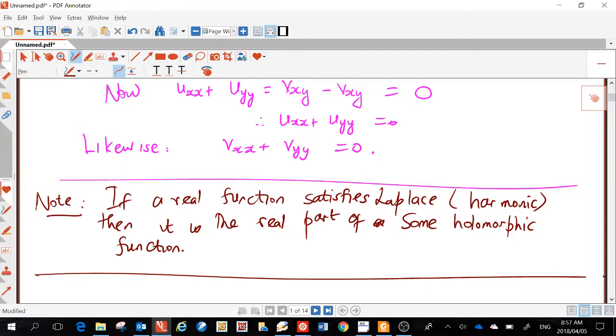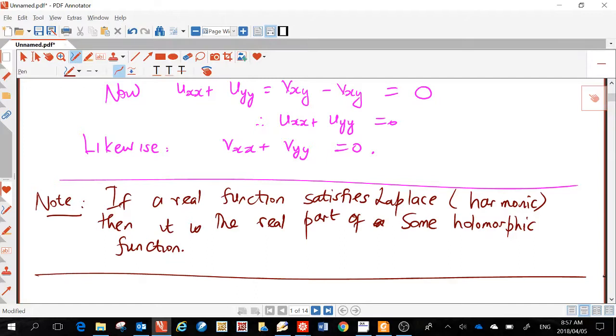Okay, so in other words, uxx plus uyy is 0. That's part of a holomorphic function. It means that u is harmonic and it makes up part of the holomorphic function. The v part can also be harmonic.